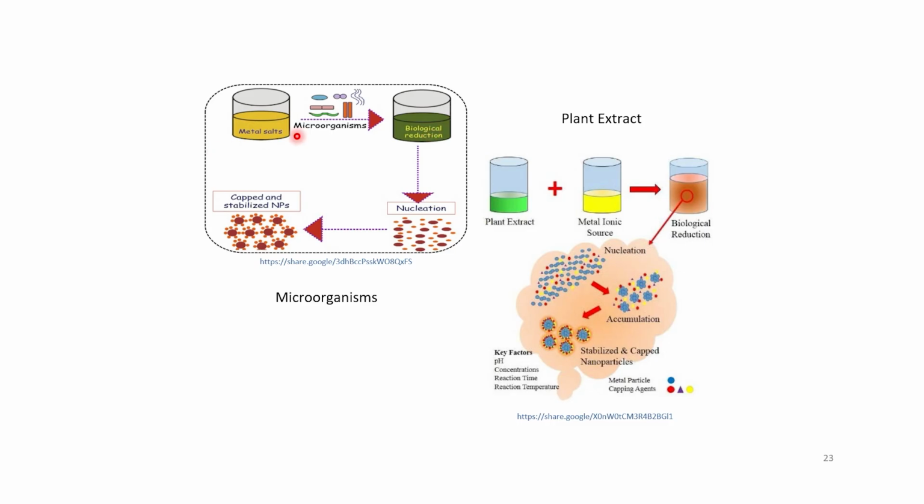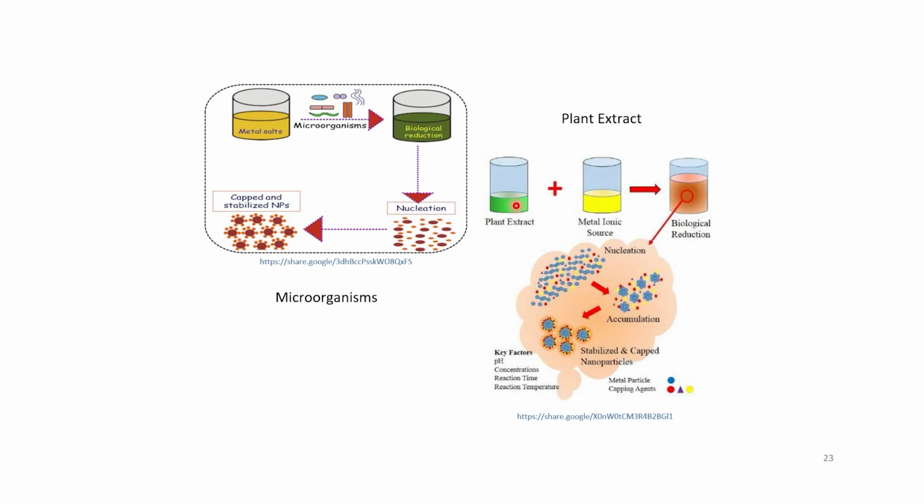So you have reduced your metal salt via biological aid, and nucleation happens. Nucleation I will be teaching you in detail. Nucleation means your crystal formation has started, and then you put in some capping reagent and obtain stabilized nanoparticles. Sometimes the capping reagent is also present in microorganisms or plant extracts, so you do not have to use it from chemicals.